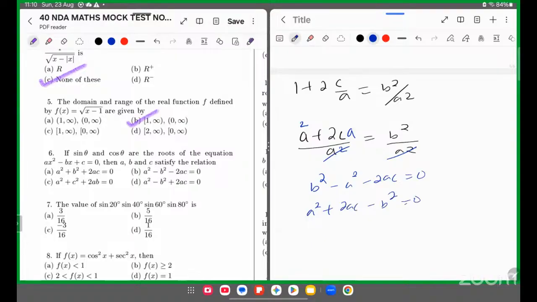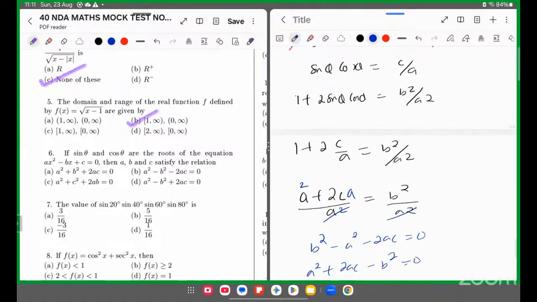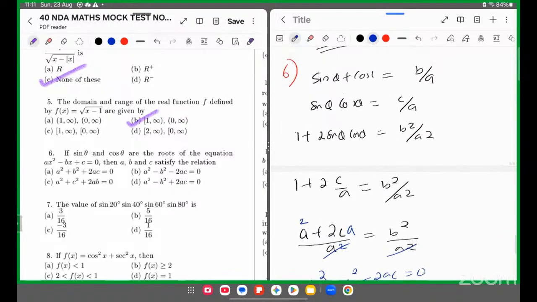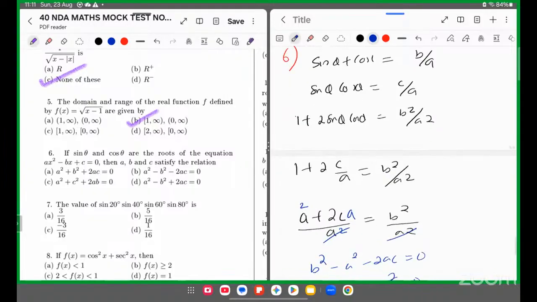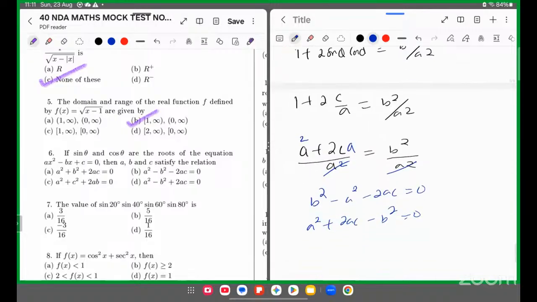So which one is the correct option? a square minus b square plus 2ac.